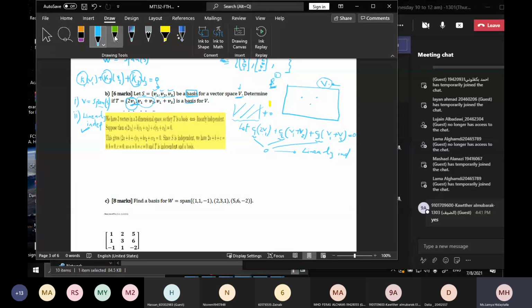Now my aim is, instead of having common factors C1, C2, and C3, I will make the opposite.